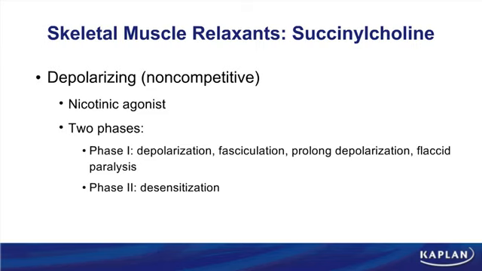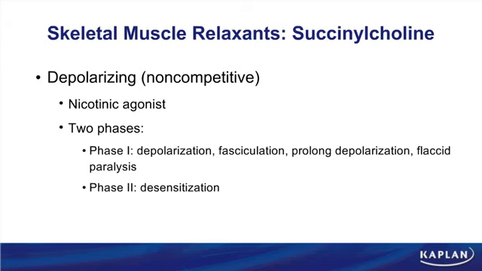But it's important to point out that succinylcholine is completely different in its properties from the previous group that we just covered. First of all, it's depolarizing instead of non-depolarizing. It's non-competitive instead of competitive, and it's an agonist instead of being an antagonist. Pretty easy to see why this drug is totally different.